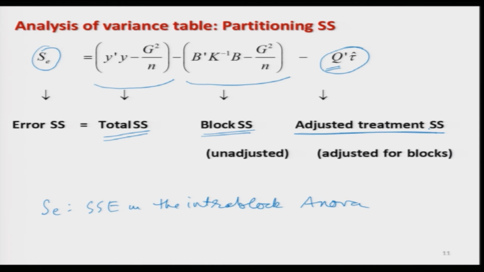is different from the way you had obtained the treatment sum of squares in the case of complete block design ANOVA. For example, the way you have obtained the sum of squares due to block, here what you have done? You have borrowed the expression of the block sum of squares, and then you have modified it for the case of incomplete block design by choosing different k_i's, and then you have converted it into vectors and matrices.